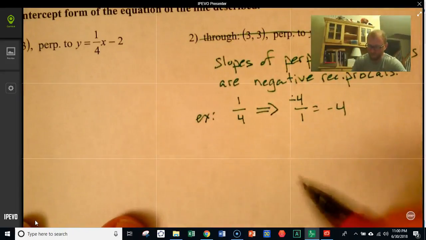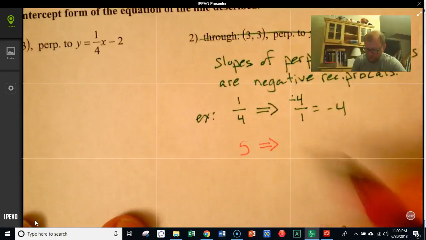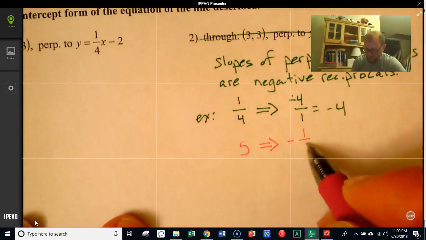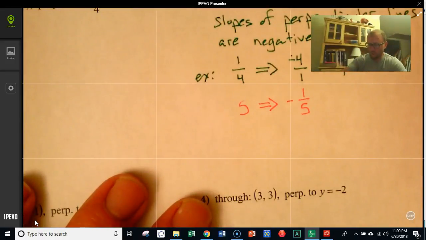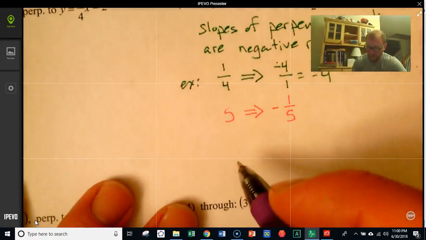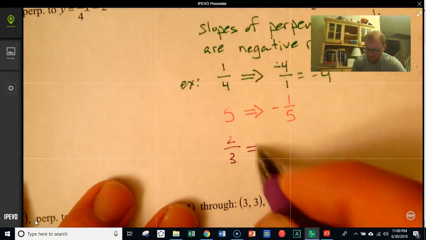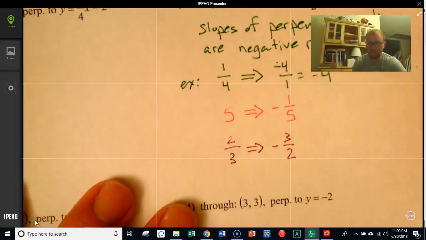Here's another example. 5 to negative 1/5. Or, let's see, 2/3 to negative 3/2.